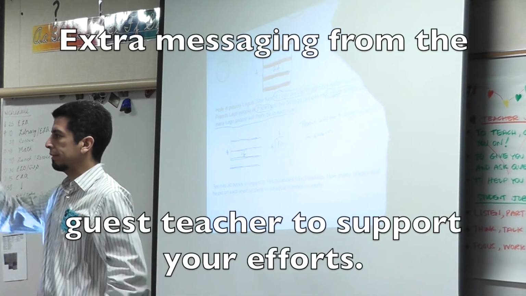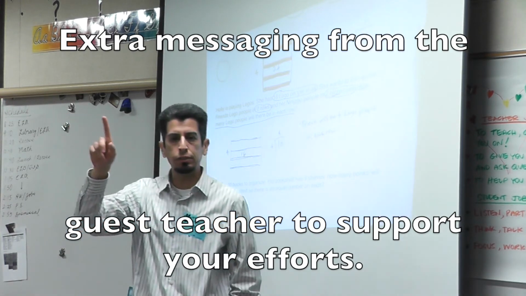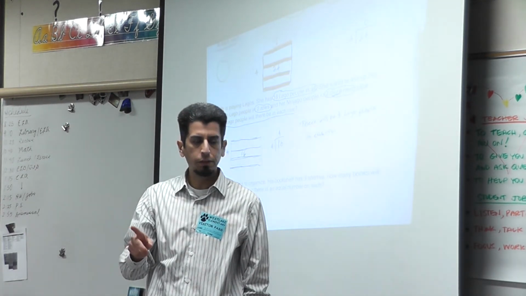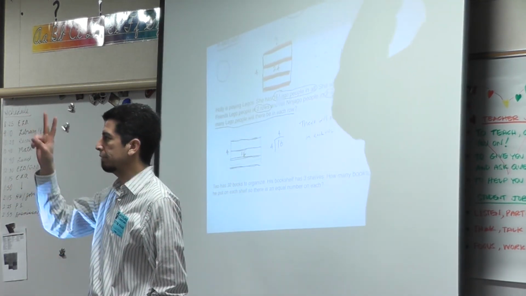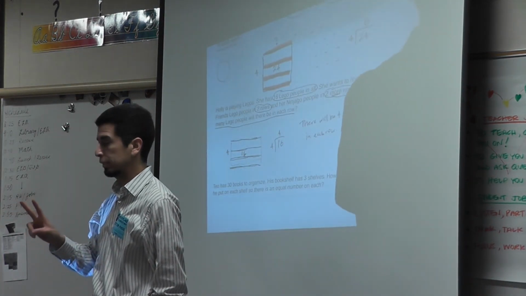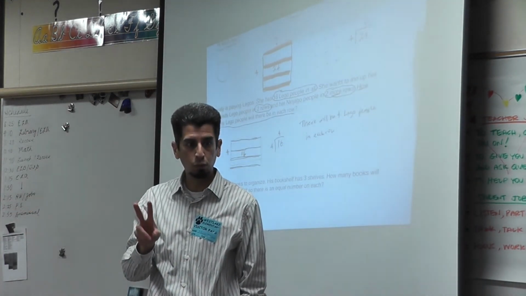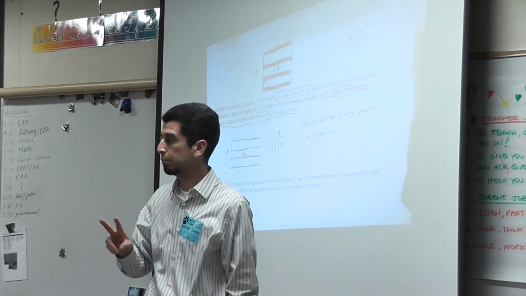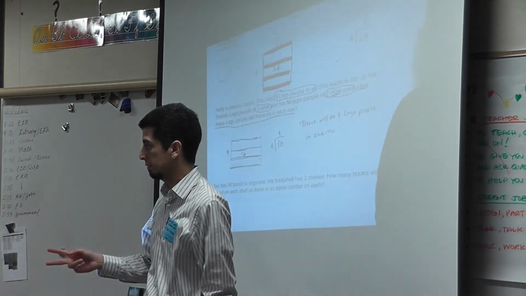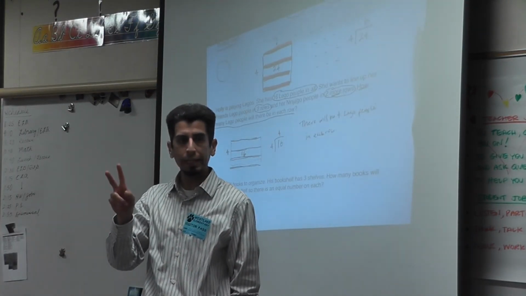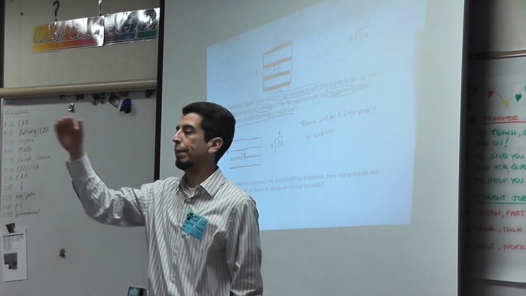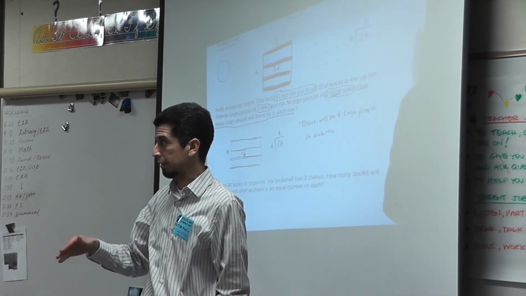A couple of things. One, I wanted to make sure that you understood that when you're doing math, you might have a math problem and you might have a reading problem. I need you to make sure you understand which one is stopping you from making progress. Number 2, I want to recognize that there are many steps to being good at math.